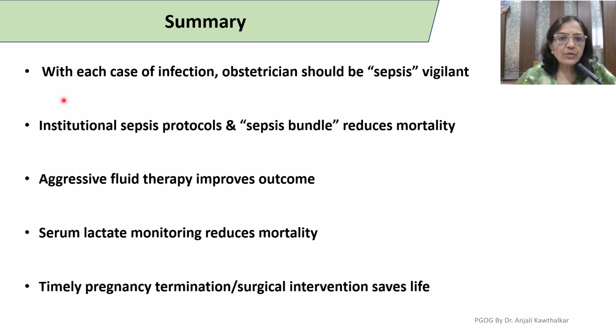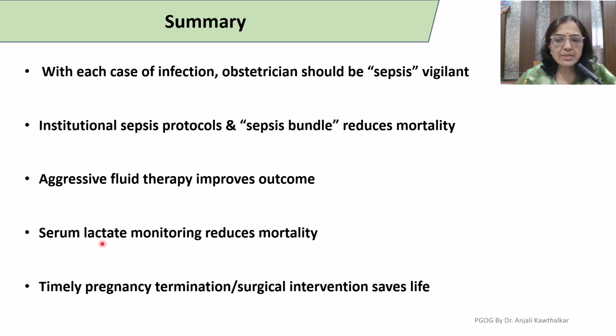To summarize, with each case of infection, the obstetrician should be sepsis vigilant. Institutional sepsis protocols and sepsis bundle reduce mortality. Aggressive fluid therapy improves outcome. Serum lactate monitoring reduces mortality. The most important emerging biomarker of sepsis is serum lactate.